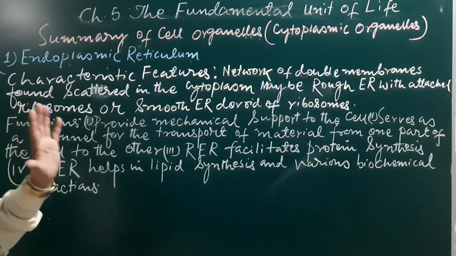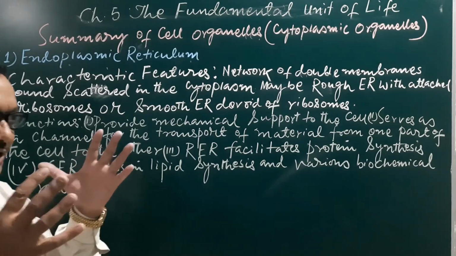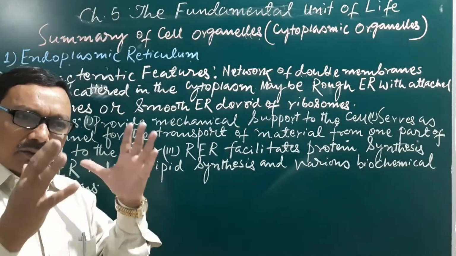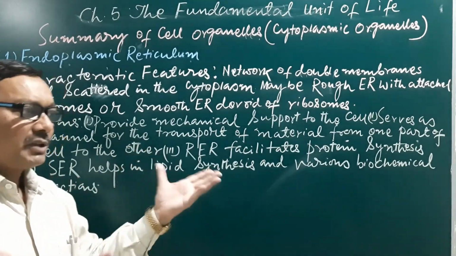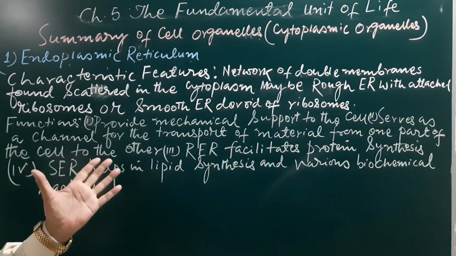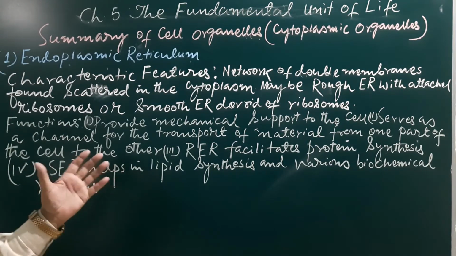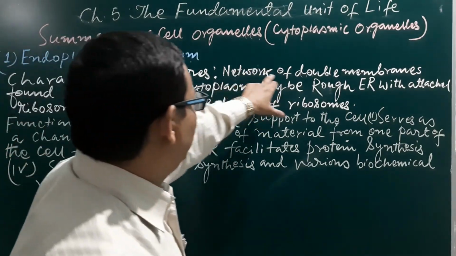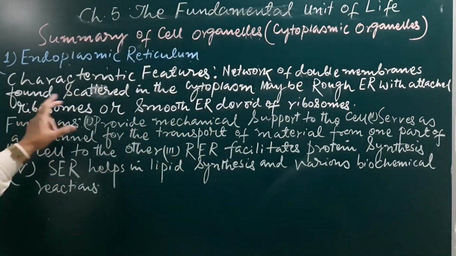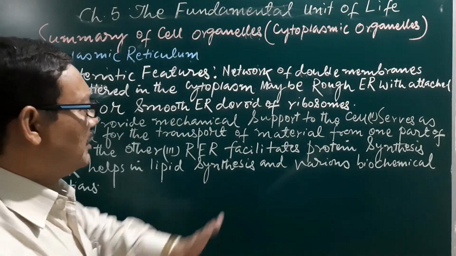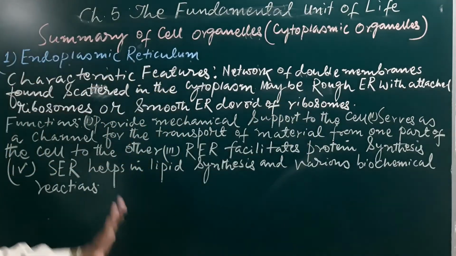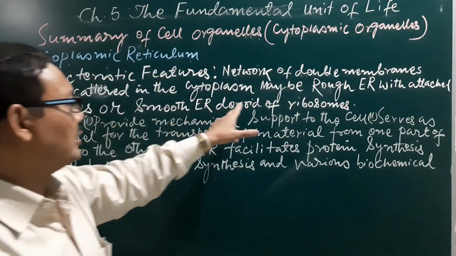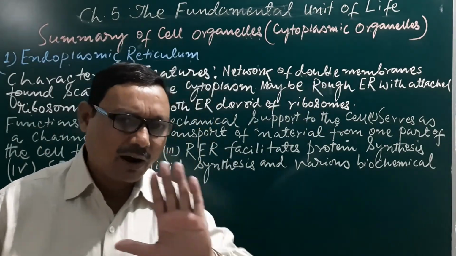When ribosomes are attached to the ER, it is rough. When there is no attachment of ribosomes, it is smooth. Characteristic features in a very brief manner: a network of double membranes found scattered in the cytoplasm, may be rough endoplasmic reticulum with attached ribosomes, or smooth endoplasmic reticulum devoid of ribosomes.